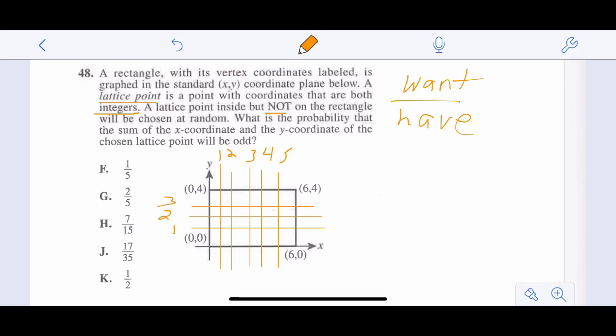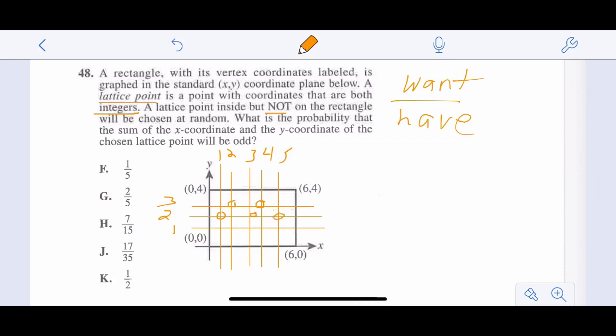And we got to say the xy coordinate will add up to be odd. So 3 plus 1. Nope, that's 4. 3 plus 2 is 5. Yes, there's 1. 3 plus 3 is 6. Let's erase these and just do the ones that are odd. 3 plus 2 is 5. 3 plus 4 is 7. 2 plus 1. 2 plus 3. 2 plus 5.